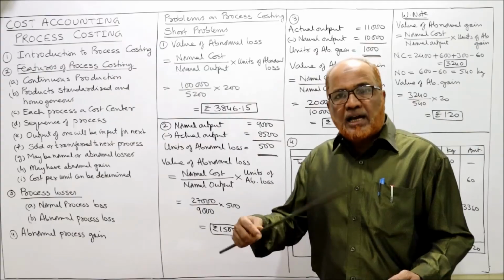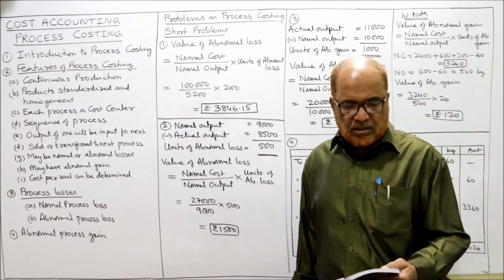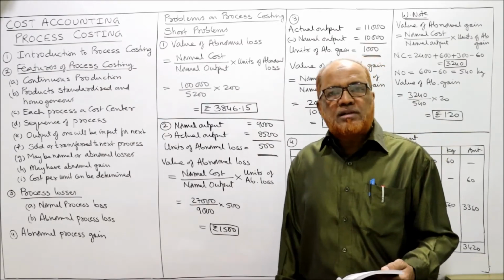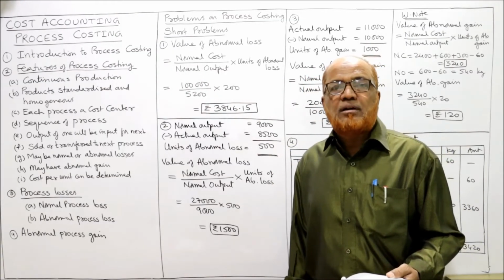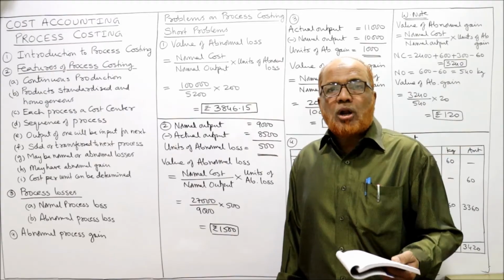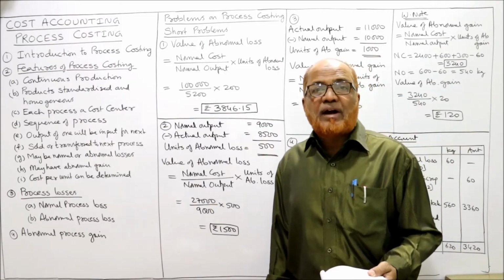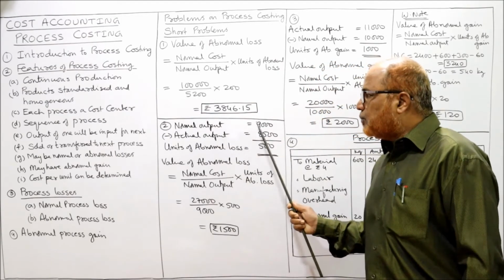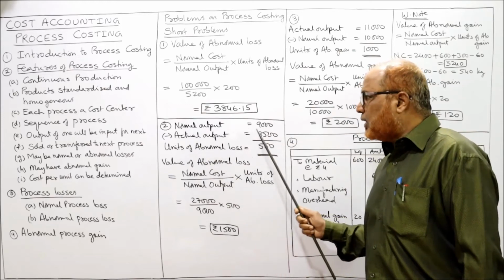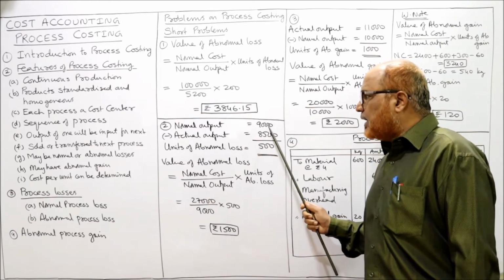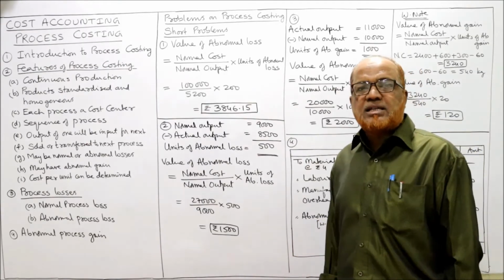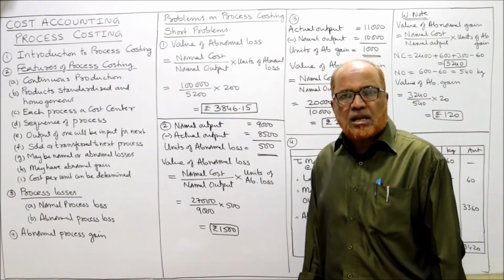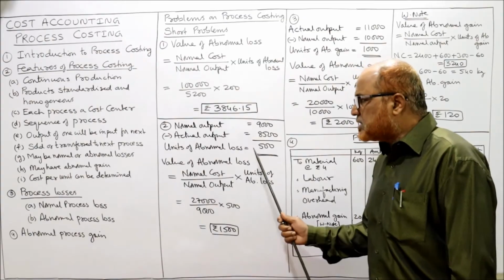Normal output that should come out is 9000 units, but the actual output that came out is 8500, which is less. So abnormal loss is 500 units. 9000 minus 8500, 500 units are abnormal loss.